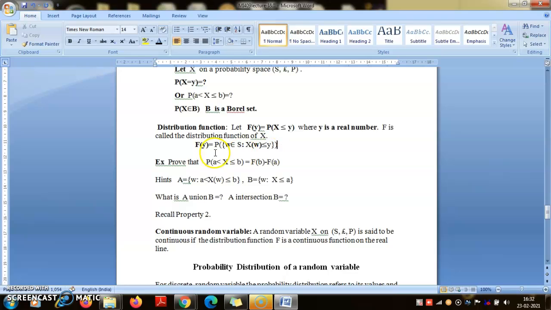Remember, X is a mapping from S to R. I am counting those points in the domain for which X(ω), which is a real number, does not exceed y. That collection is an event.